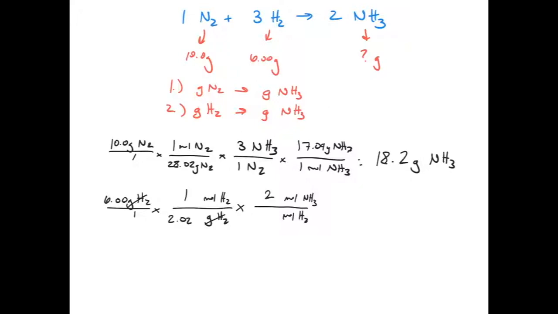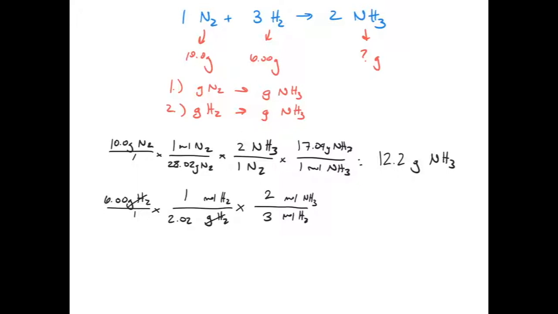And then it just occurred to me that I made a huge mistake on this first one, because this should not be 3 moles, this should be 2 moles. And if I go ahead and calculate this number again up in the first example, the answer is actually 12.2 grams. So my mistake there. Anyway, back to the second problem. I still have 2 moles of NH3, but on the bottom I have 3 moles of H2.